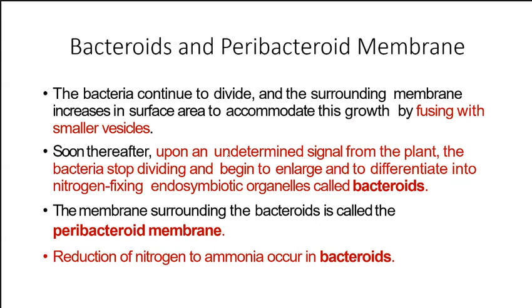Now what we see is that there is an undetermined signal from the plant which stops the bacteria from dividing anymore and helps in the enlargement and differentiation into nitrogen fixing endosymbiotic organelles called bacteroids. So the bacteroids are the enlarged form of the rhizobia bacteria.